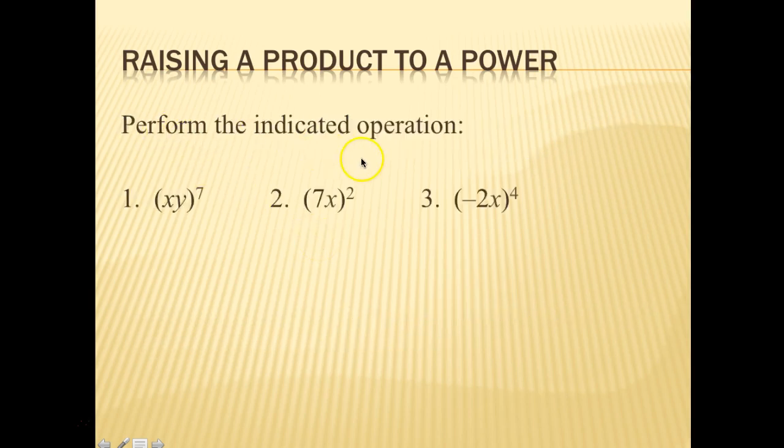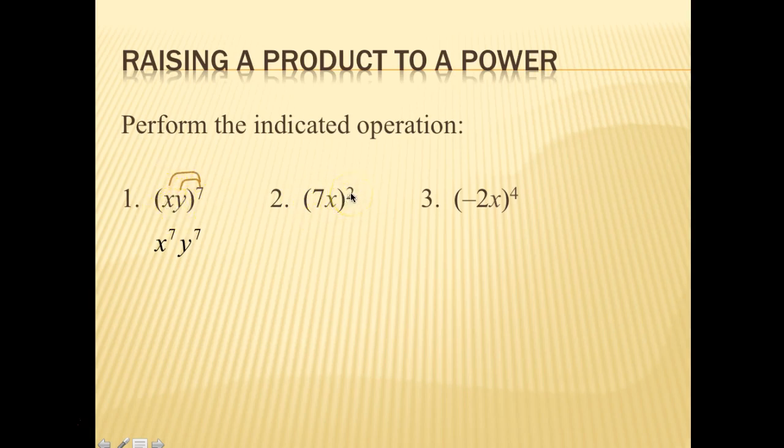So let's perform the indicated operation. In this case, xy in parentheses to the 7th, I distribute: x to the 7th, y to the 7th. In this case, inside the parentheses, the base is 7x, like in the previous case the base was xy.